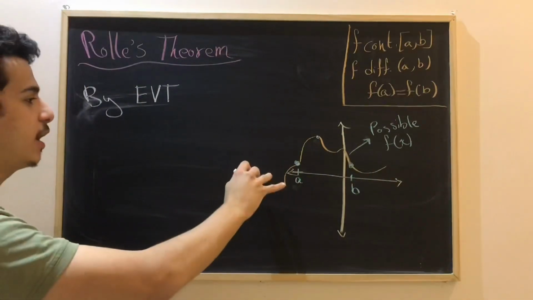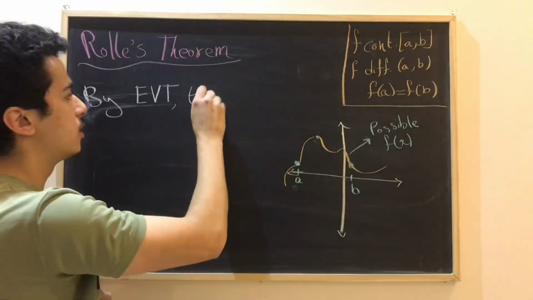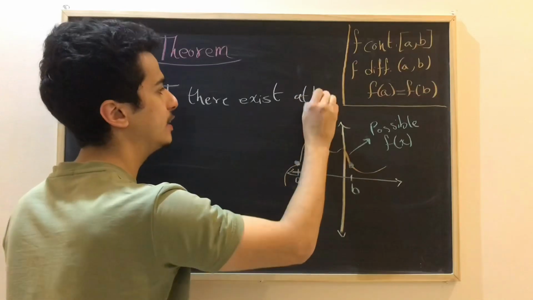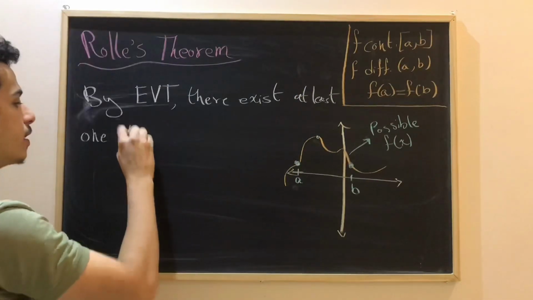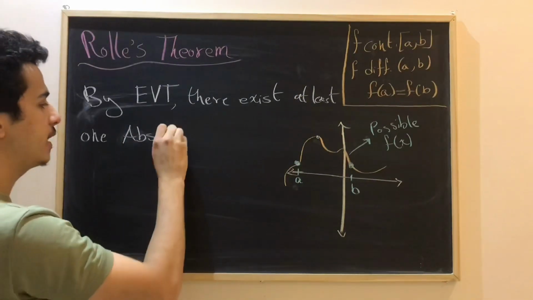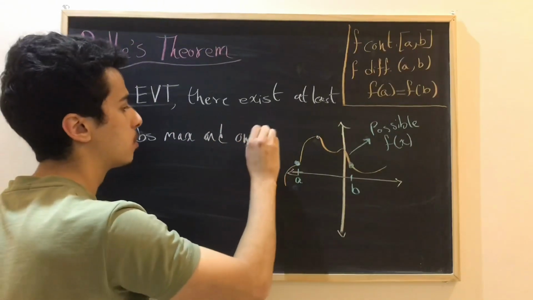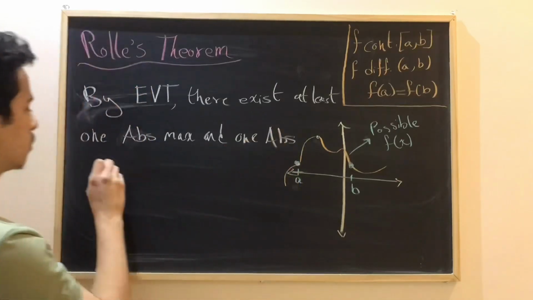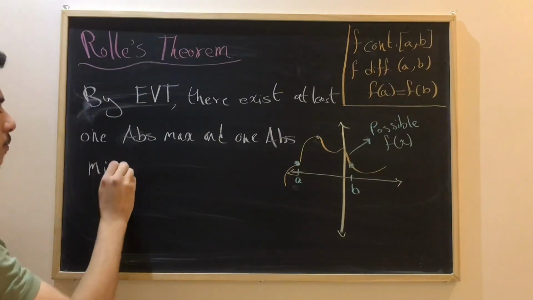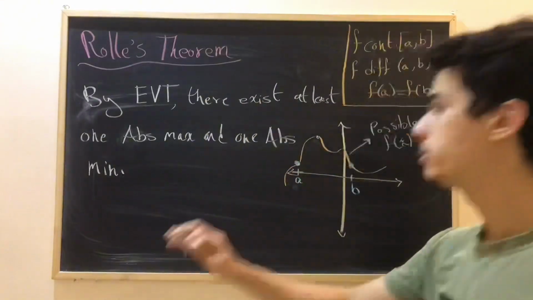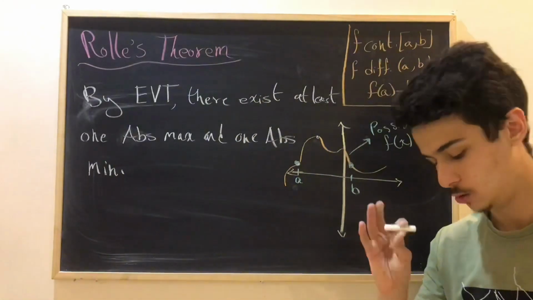So by the extreme value theorem, there exists at least one absolute maximum and one absolute minimum.